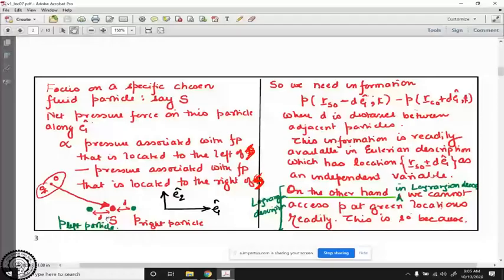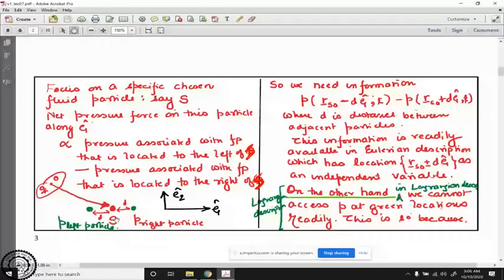We expect that to be proportional to the pressure associated with the fluid particle located to the left of S, which will try to push S towards the right, minus the pressure associated with the fluid particle located to the right of S, which is here and will try to push it towards the left. So the difference between the two pressures, we expect the net pressure force to depend on that.